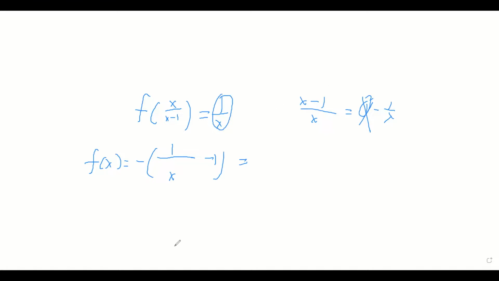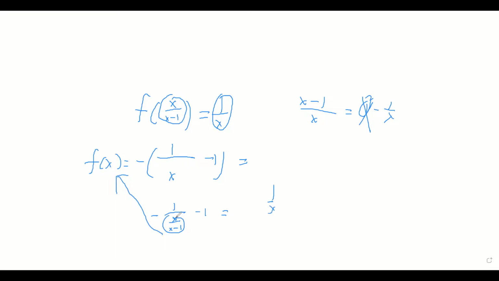Just to check your work, if you plug x over x minus 1 into the x over here, then you will get negative 1 over x over x minus 1, minus 1. You're plugging this in for x, so this should be equal to 1 over x.